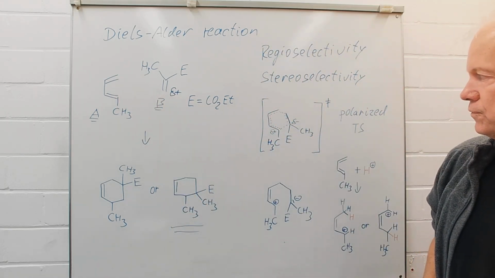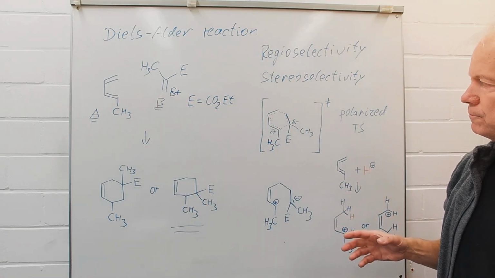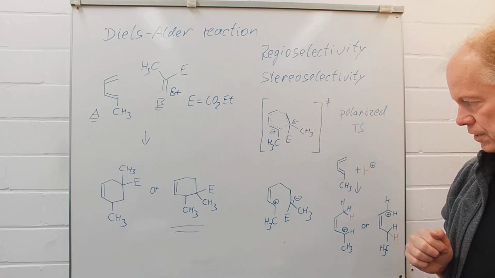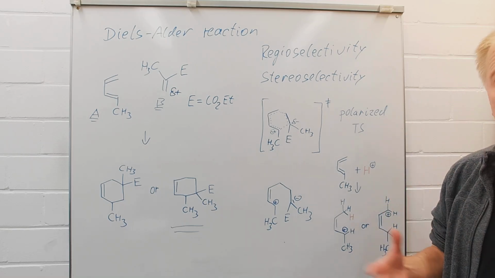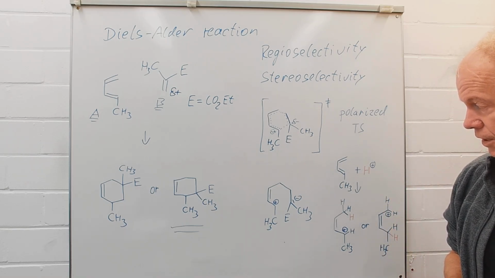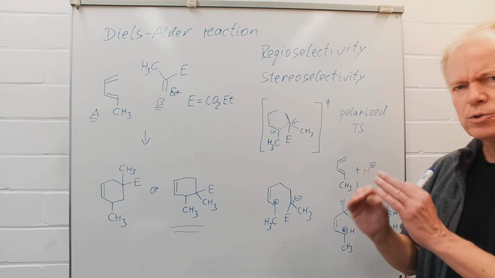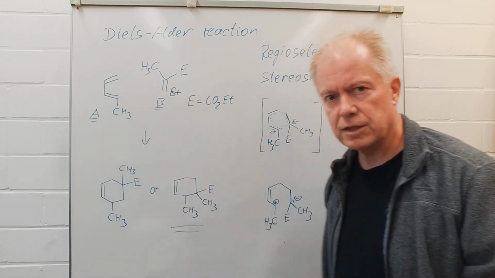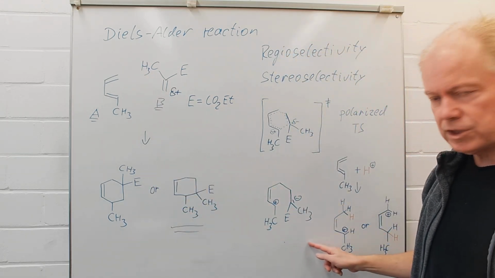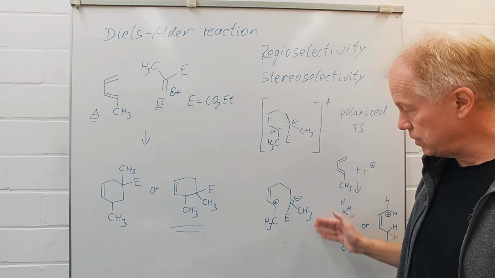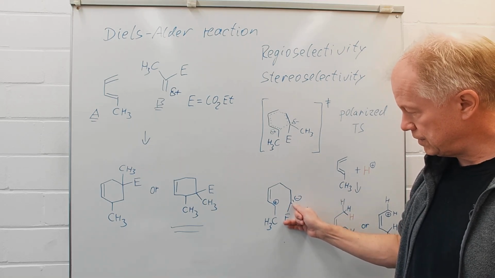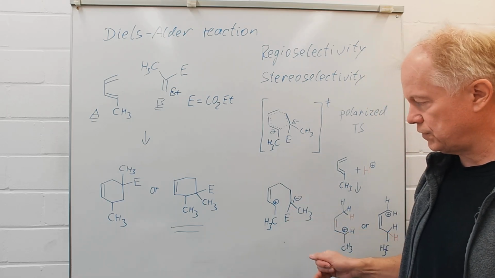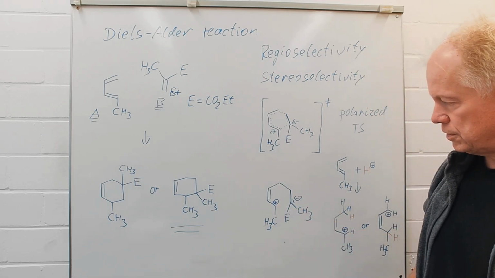and, well, also the attack of that positive polarized center here is preferred. It could be helpful to understand such a polarized transition state if we choose a Gedanken experiment. So, what if the reaction would not be concerted, but the CC bond formation here takes place first? Then we would get to this dipolar compound with the negative charge here at this position conjugated to the ester and the positive charge here.